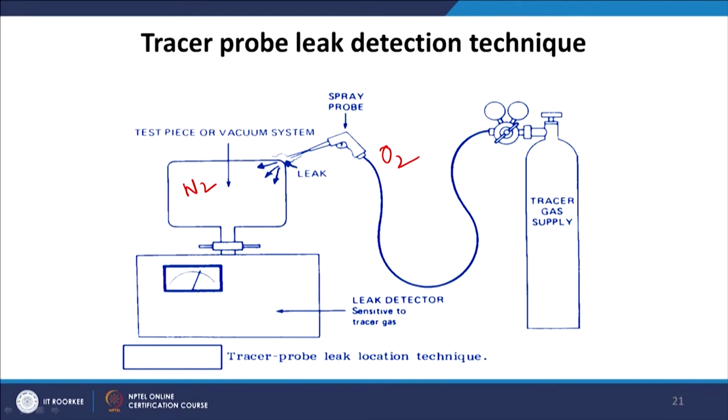While I am moving it, there is no deflection, no deflection, no deflection. When I come to this point, there is a leak. If there is a leak, then oxygen diffuses inside. So, in addition to the nitrogen gas, now I have oxygen gas in the system. Suddenly I will see a change or a shift in the needle. That will tell me that in addition to the nitrogen gas, I also have oxygen gas in the system. That means this is the position where I have the leak. So, I can find out exactly where the leak is.